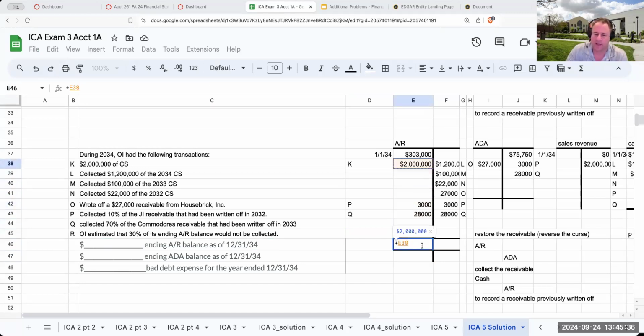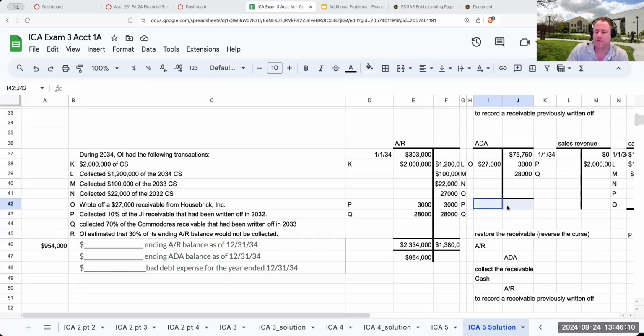Well, I look at my beginning balance, my credit sales during the year, and then collections of prior accounts receivable written off, my cash collections, and the write-offs. So the ending balance in my accounts receivable is going to be 954,000.